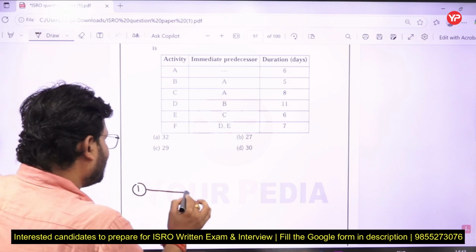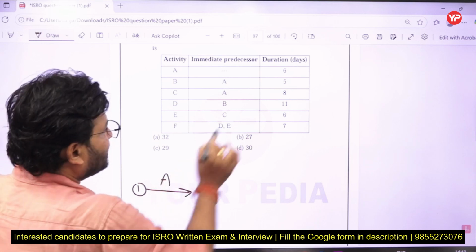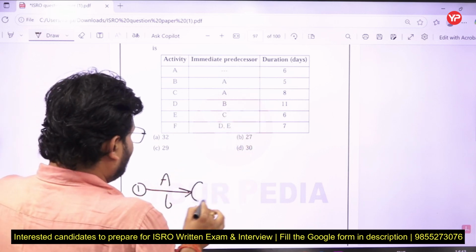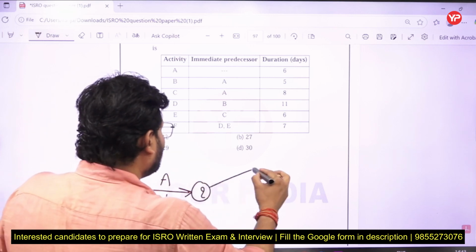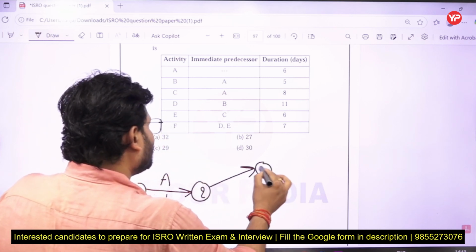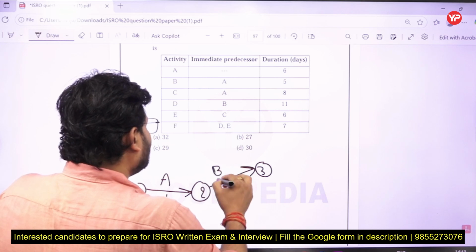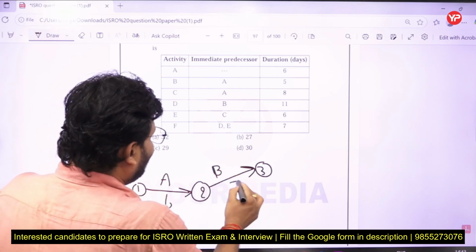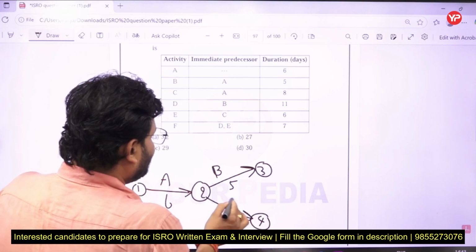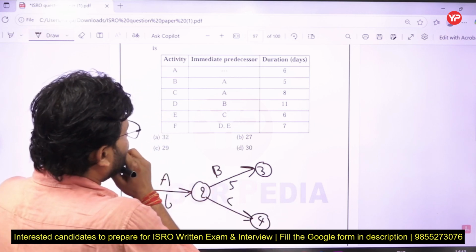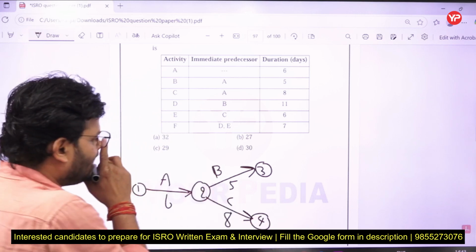From there A is coming. How many days does it take? 6 days. Now that is node 2, and from A, B and C go out. So let's assume this is 3, and B is there. How many days? It takes 5 days, and from there let's assume this is 4 and this is activity C, which takes 8 days to get completed, right?